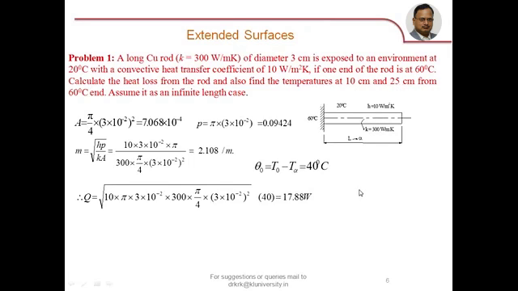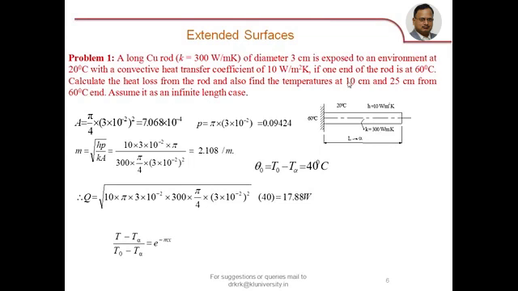You have to use the temperature distribution equation for a fin of infinite length. That is T minus T alpha by T naught minus T alpha equal to e power minus mx, where T is the temperature at any location x from the face. Now we know T alpha is 20, T naught is 60, m value 2.108.